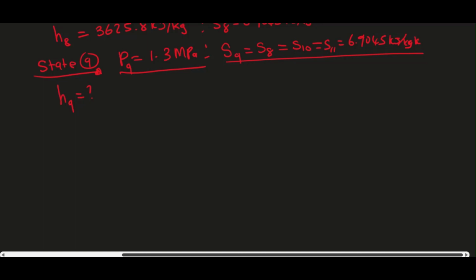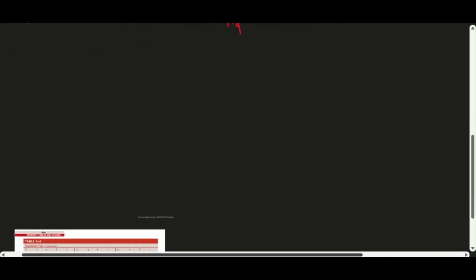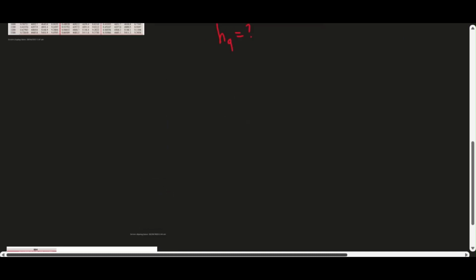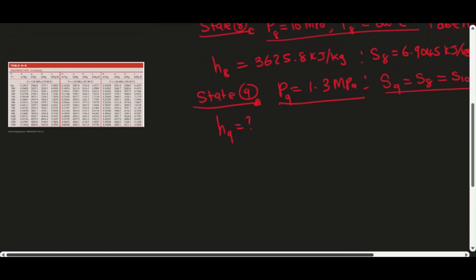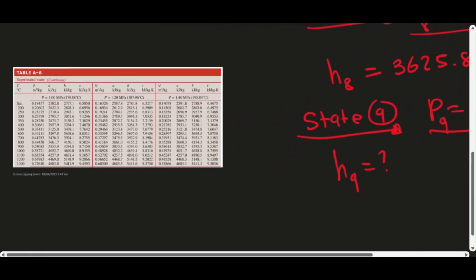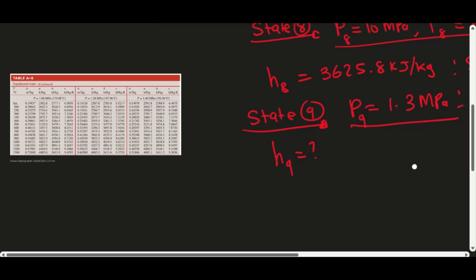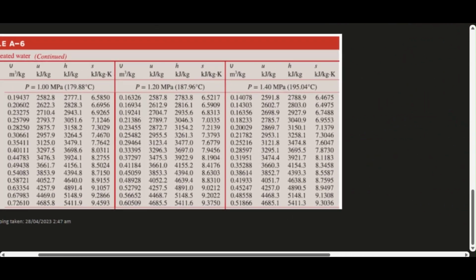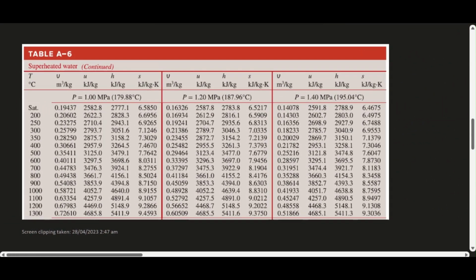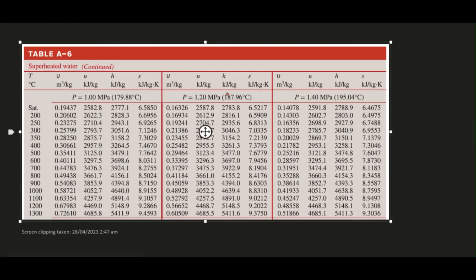Let's say maybe you had a doubt whether this is steam or not. What you would do is go to your saturated liquid table, and at the pressure of 1.3, we do not have a pressure of 1.3 here.